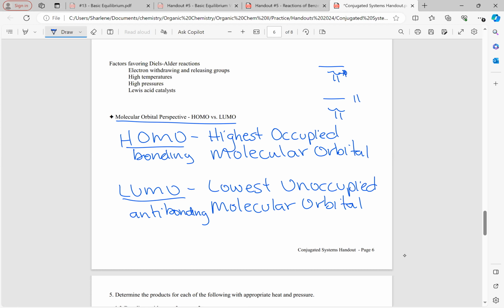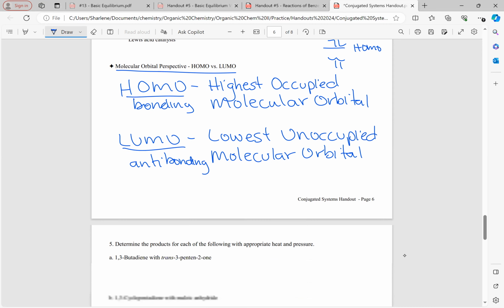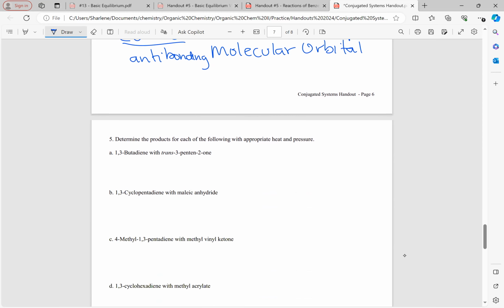So this one would be the highest occupied, and this one would be the lowest unoccupied. If you get into research and theoretical work, we can actually plug and chug numbers that would help us out. But that's just the overall idea behind the molecular orbital. And we need it for visibility.